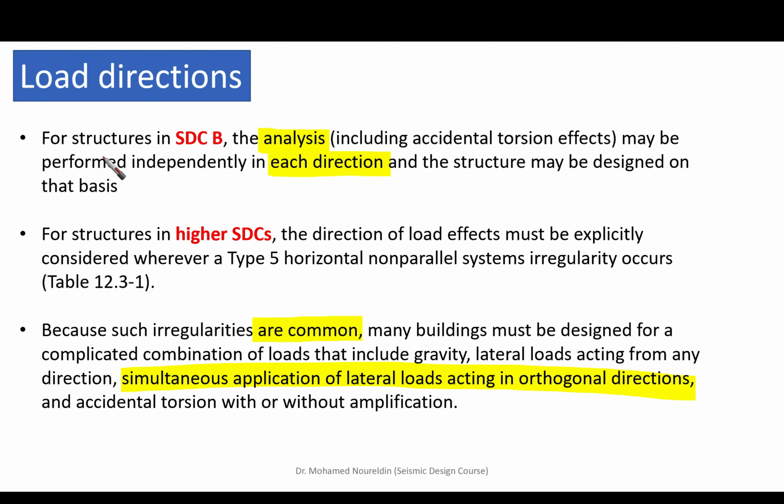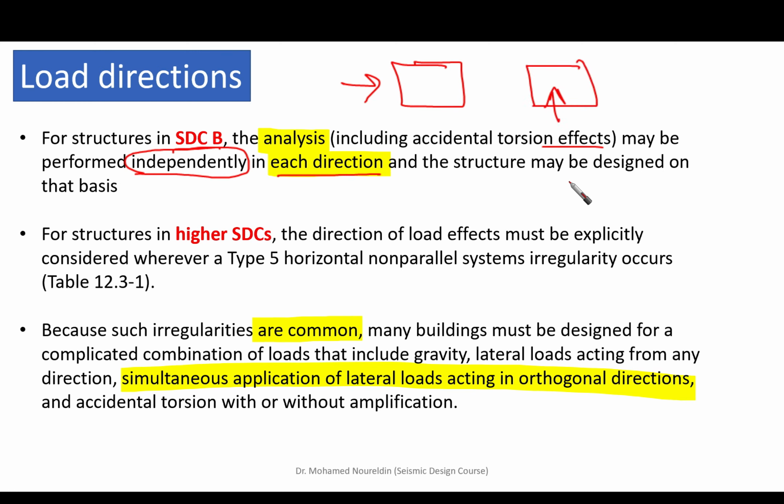Okay, now let's go to the next. For the load direction for structures in SDC B, the analysis including accidental torsion effects may be performed independently. That's important. Independently in each direction. So we are going to take one time here and another time here, and the structure may be designed on that basis.